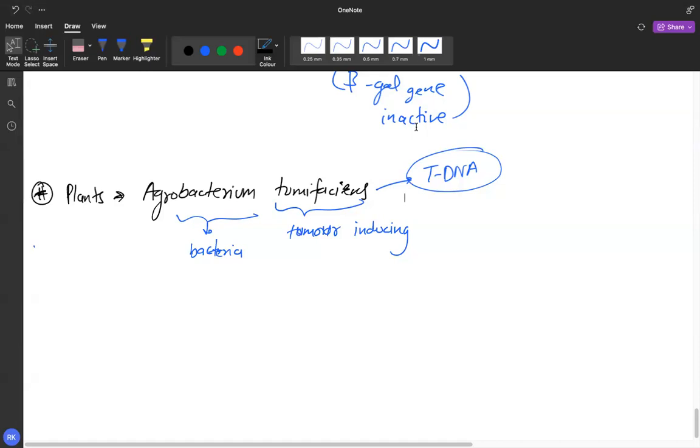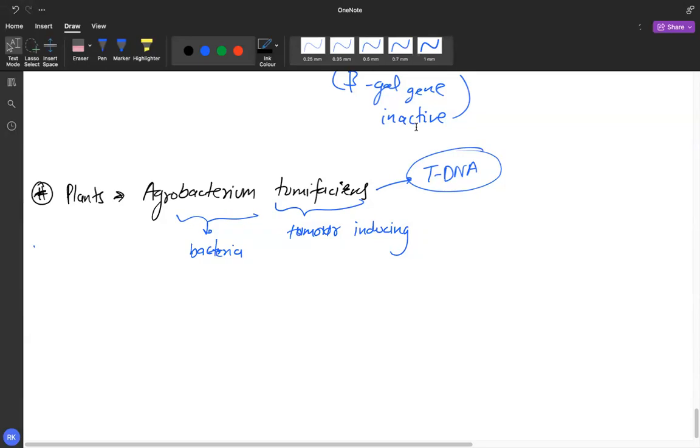So scientists figured it out and realized, okay, let's take this tDNA and change it. Delete some portions and put in some portions. So we took this tDNA, and from this whole piece, we removed the part that was inducing tumors. And in place of that region, you can put your gene of interest.